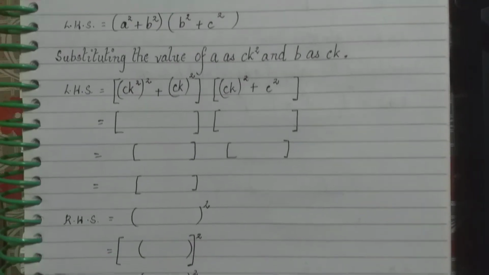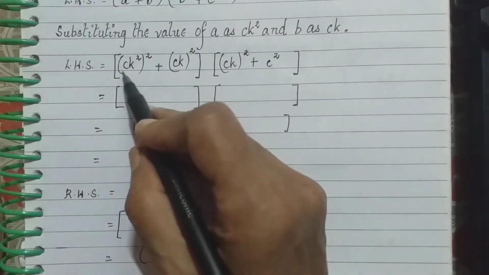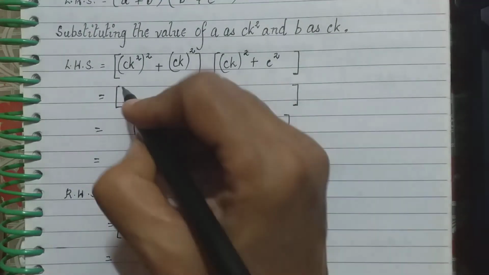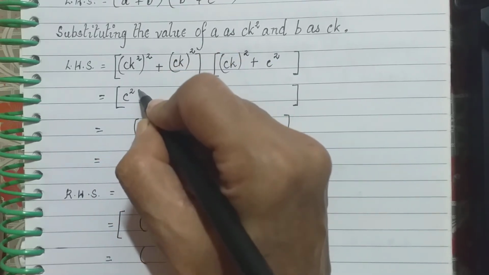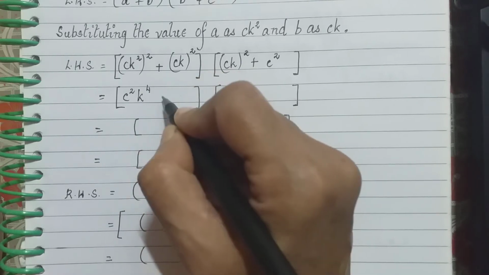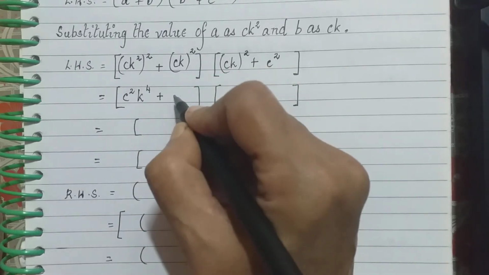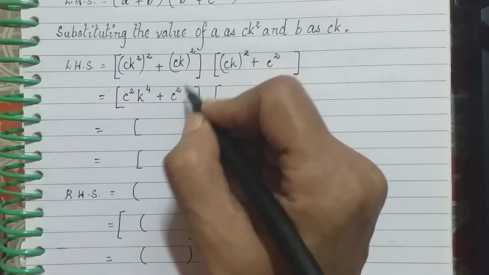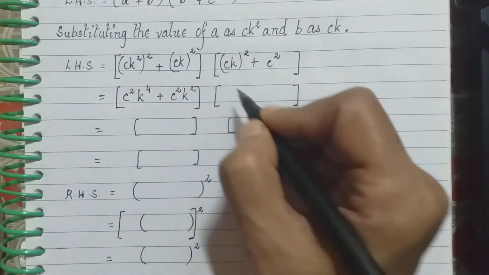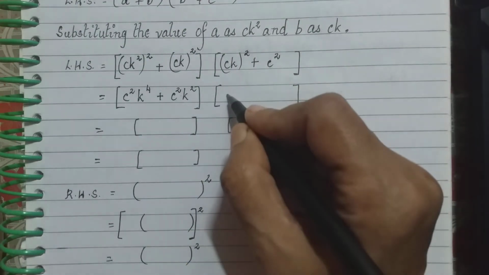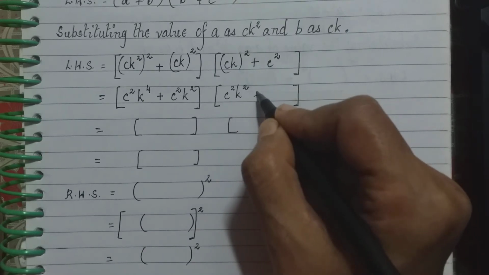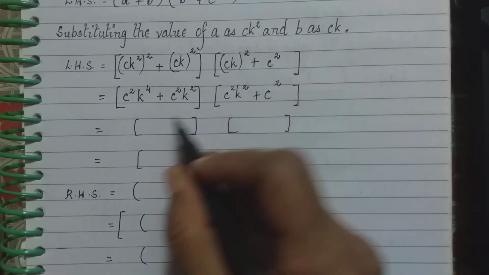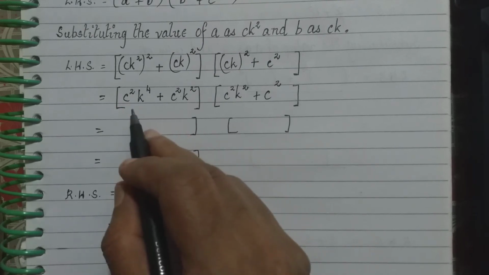Now in the next step we will square the whole squares. So c square will be c square. K square the whole square will be k raised to 4 plus, here this will be c square k square. Here same way c square k square plus c square. Now we see what is common in both these terms.